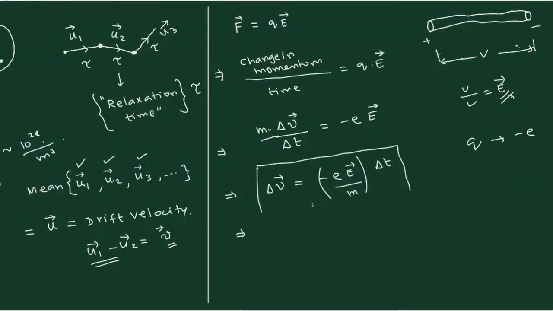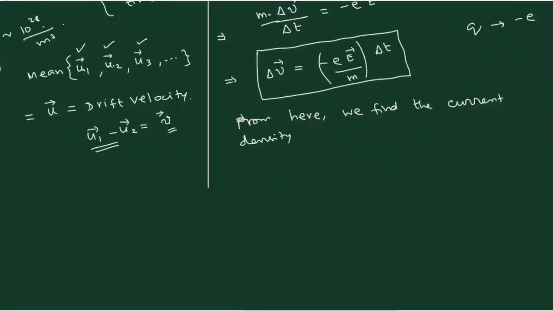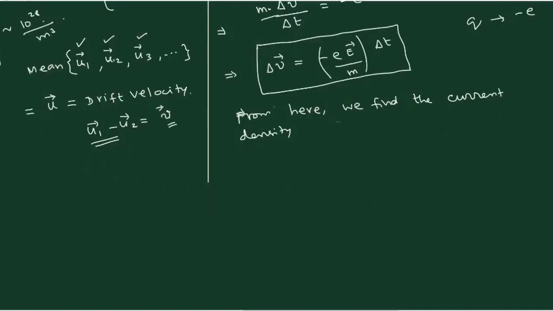Once this is clear to you, then we can calculate the current density. From here we can find the current density, because finding current density is only a one-line job; the calculation is where you have to be careful. So what is the current density? This is a standard expression which is familiar to you.